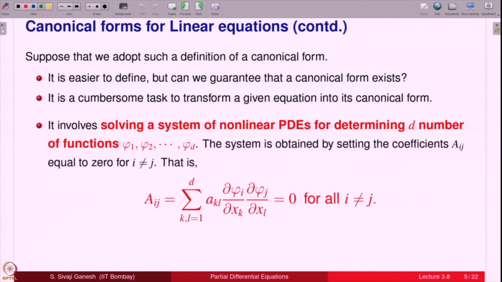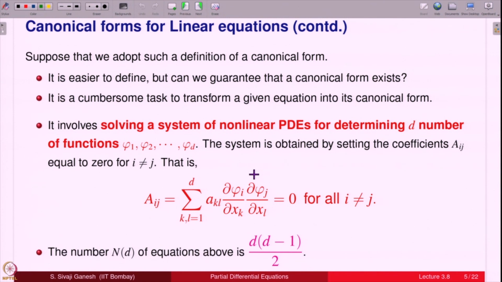The system to be satisfied is the summation over k, l equal to 1 to d of a_kl dou phi i by dou xk dou phi j by dou xl equal to 0, and this should happen whenever i is different from j, because a_ij is the coefficient of dou 2 w by dou eta i dou eta j. You do not want mixed partial derivatives to appear, therefore when i is not equal to j you want a_ij to be 0.